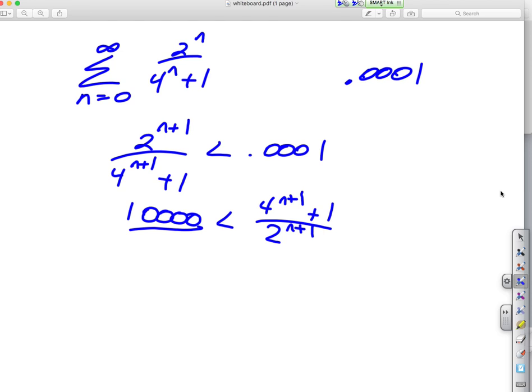Oh wait, which is bigger? I'm sorry. Smaller. 13. Yeah, I think it's 13. So did you get 12 point something?